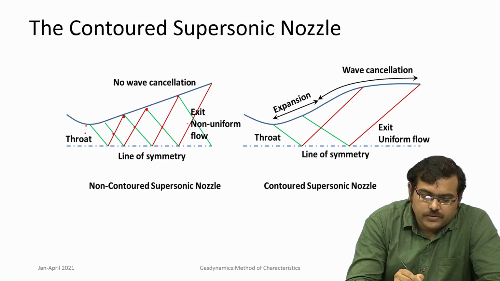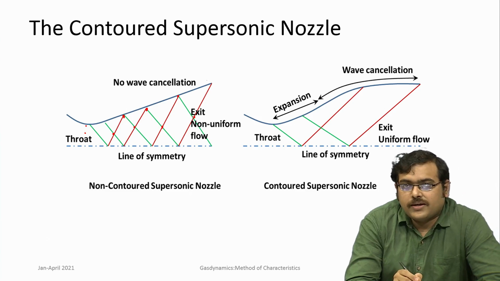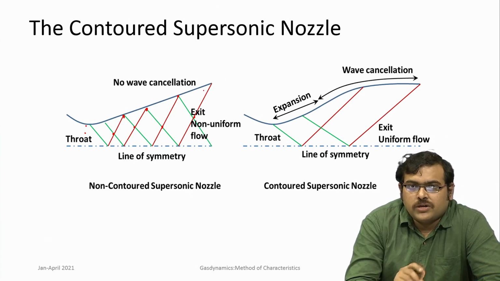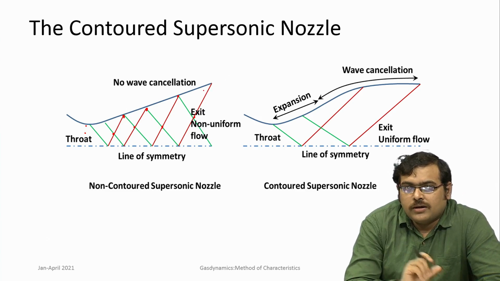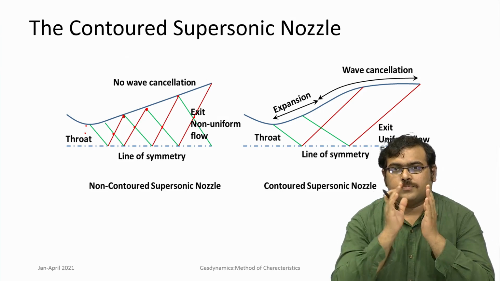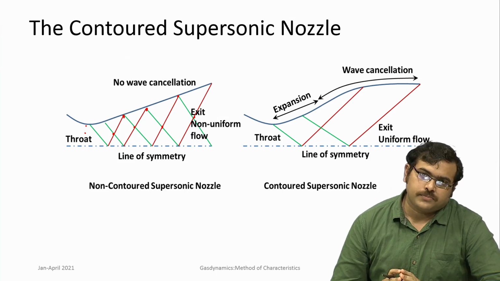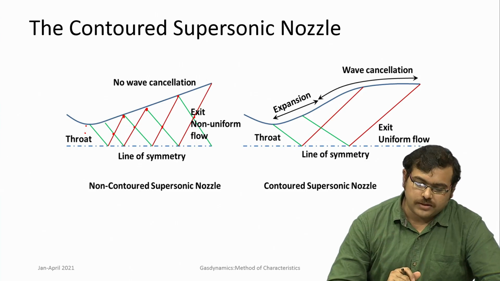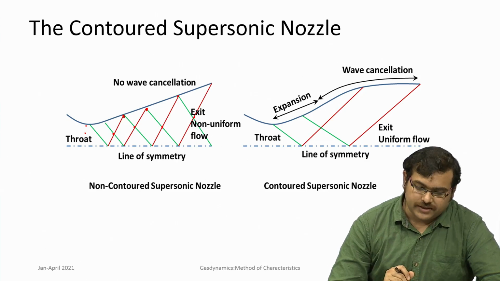But what we require in certain cases, specifically for wind tunnel applications, is a uniform flow coming out of your supersonic nozzle, so that we are sure that we are giving a specific correct flow or wind to the model which is placed inside the test section.